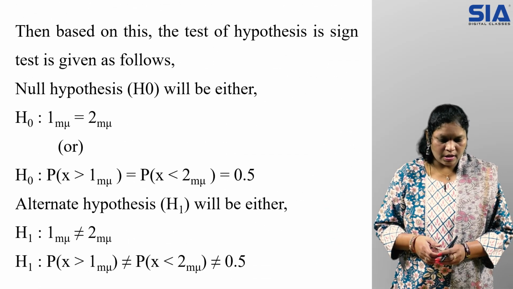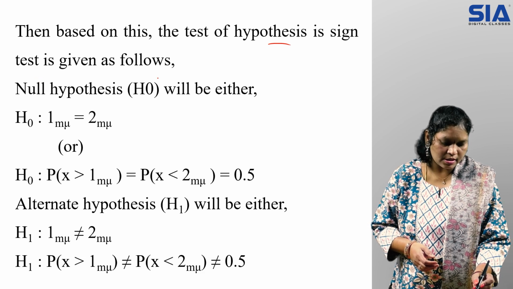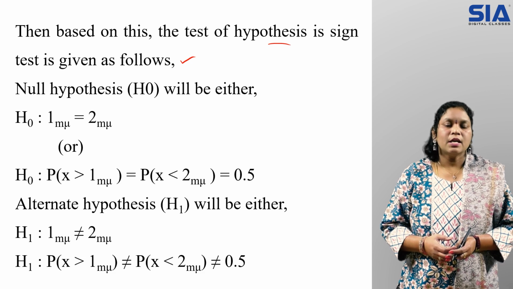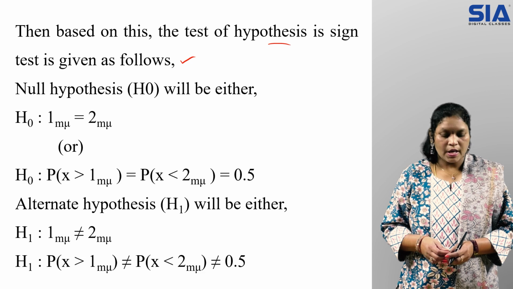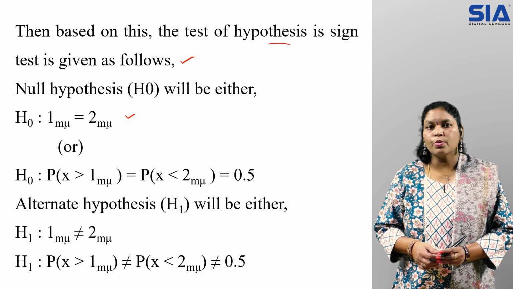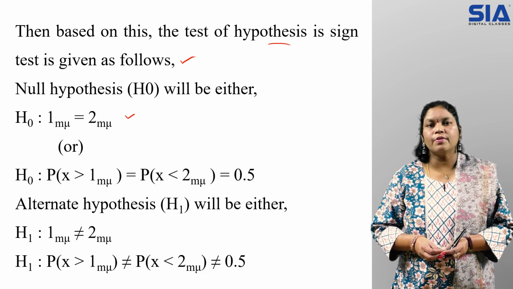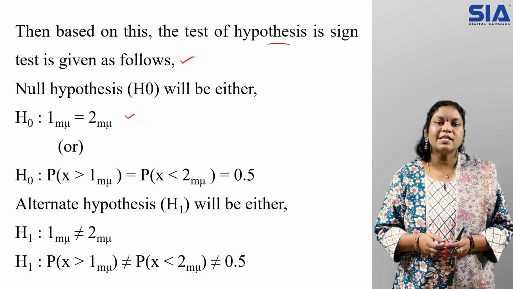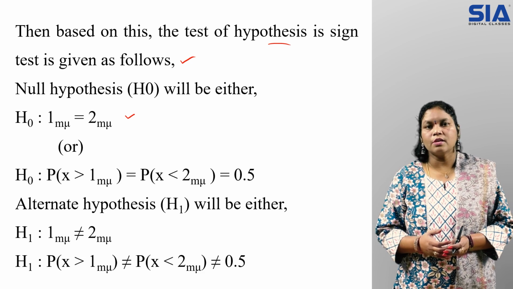Now based on this, the test hypothesis for the sign test is given as follows. We frame the null and alternative hypotheses for every test, so for the sign test also let us frame them based on the assumptions we have considered just now. The null hypothesis will be H naught: mu 1 is equal to mu 2. Whatever we have considered out of our distribution, we consider these two as equal, so the first median is equal to the second one.